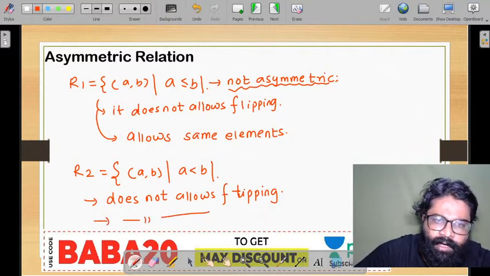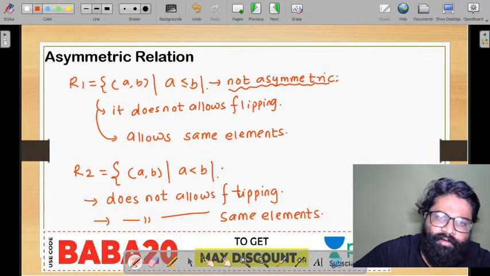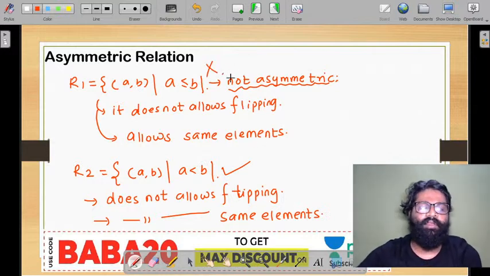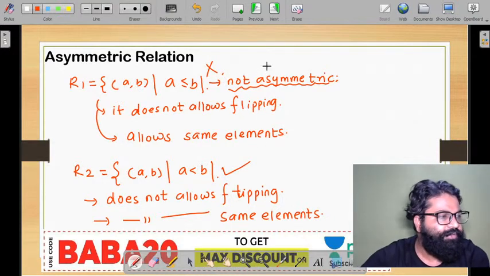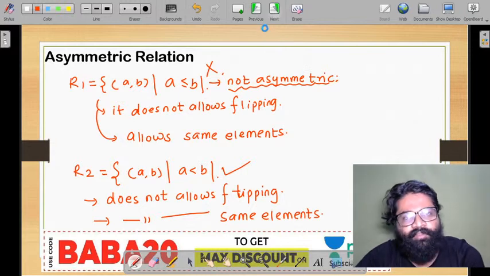It does not allow flipping, and it also does not allow the same element. So we can say that it will become an asymmetric relation. This one is asymmetric, the other is not. This is the difference between asymmetric and anti-symmetric.